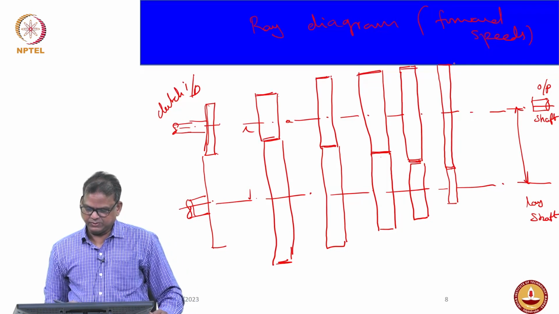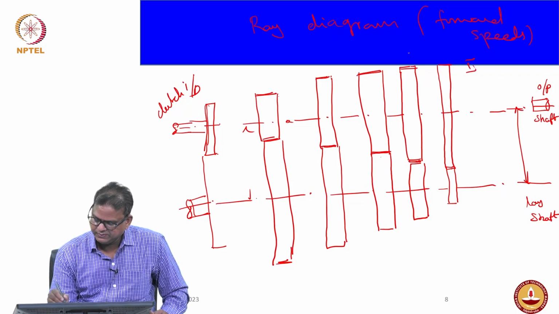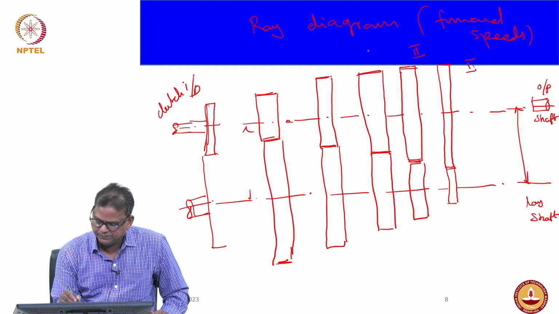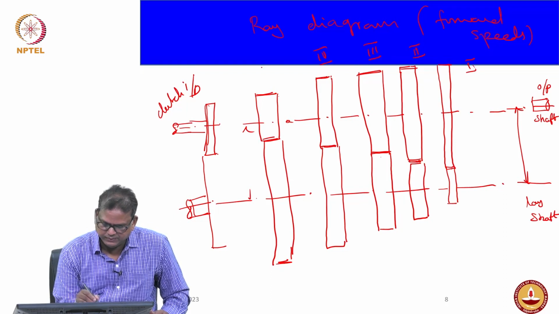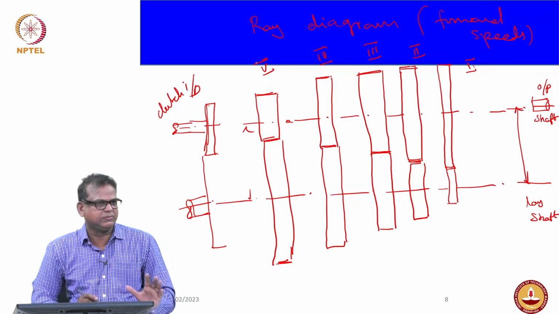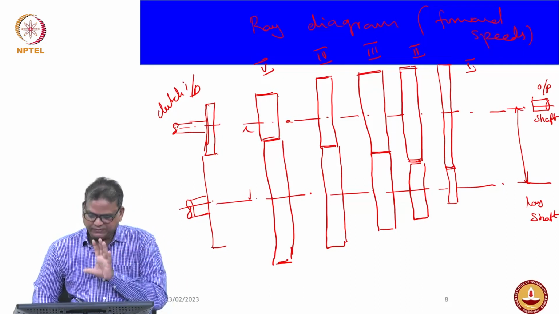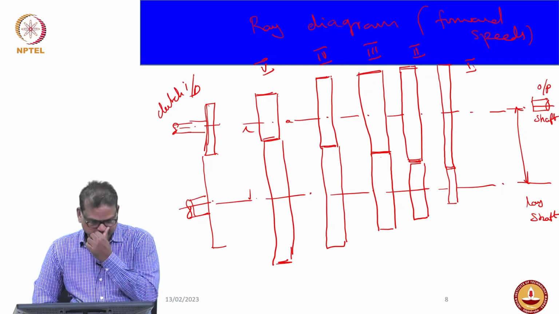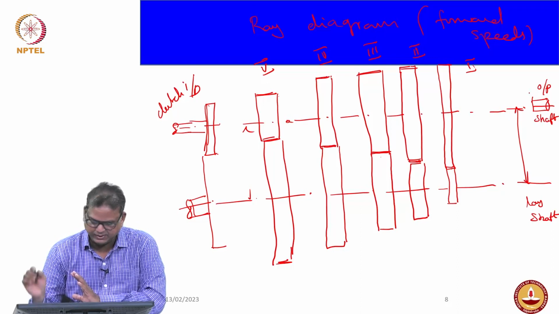Yes. So you can see this is my first speed, first gear, second gear, third gear, fourth gear and fifth gear. We are not showing any reverse, only focusing on the forward gears. And the output shaft is clearly given.